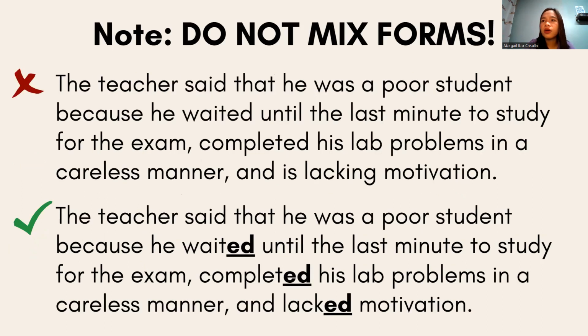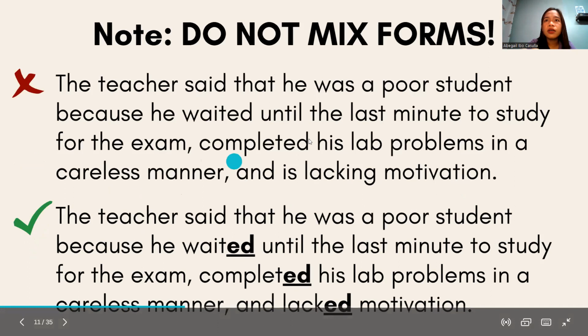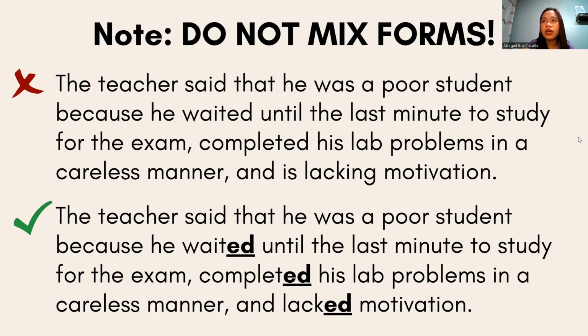Next, another. We can see here in the sentence that the teacher said that he was a poor student because he waited until the last minute to study for the exam, completed his lab problems in a careless manner, and is lacking motivation.